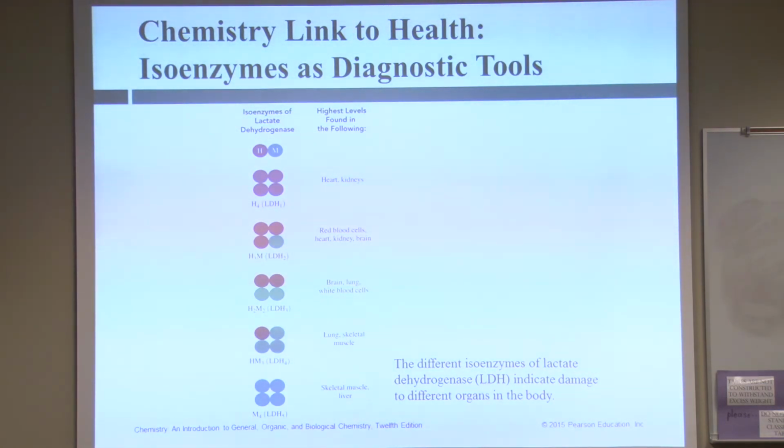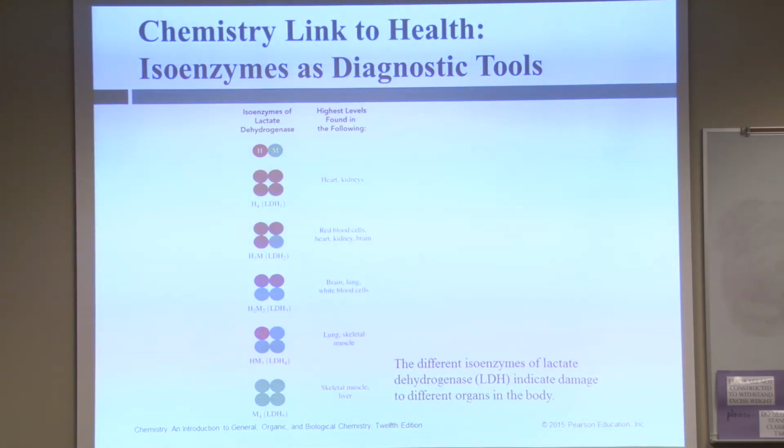I am on page 575, and you will see here, the same is available on 575. You can look at the book. We are looking at two polypeptide links. The H and M are the polypeptide links. You can see the 5 isoenzymes.